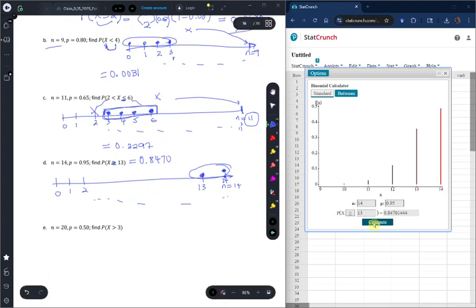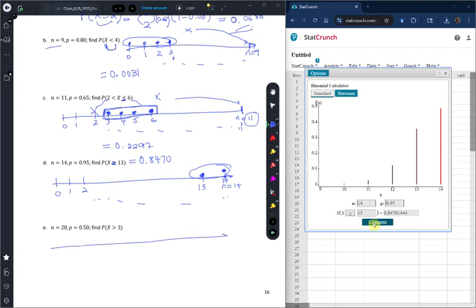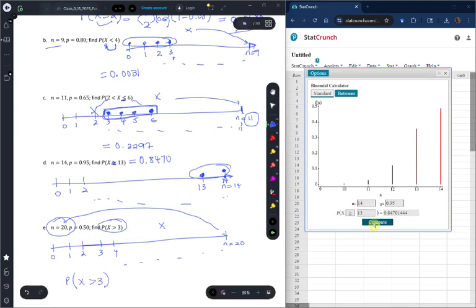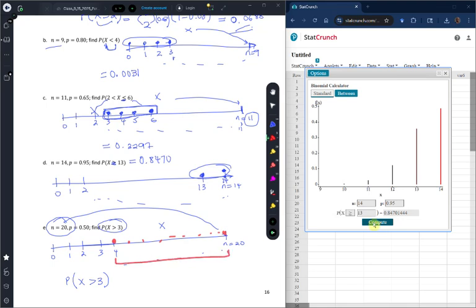And finally, I have another one where the number of trials was 20. Our x is 0, 1, 2, 3, 4, as far as 20. And I'm interested in the probability that the number of successes is greater than 3. So that will start from where x is 4, 5, up to 20. So that's from 4 to 20 inclusive.